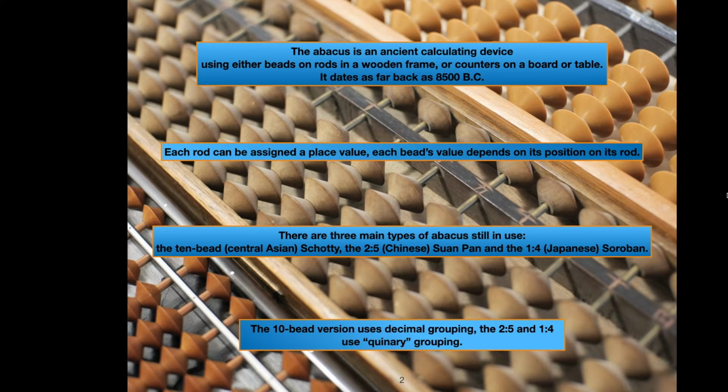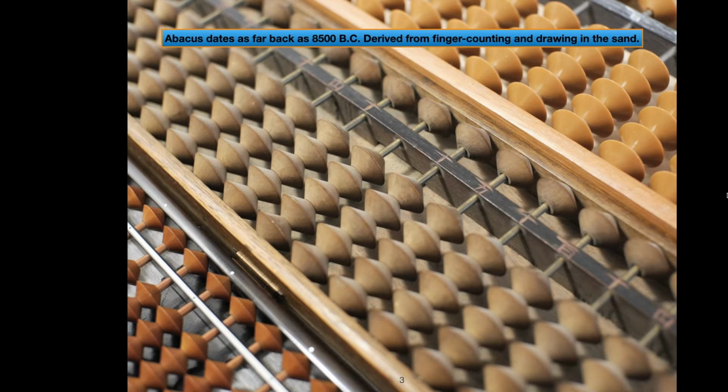And the 10-bead version of the abacus, the Central Asian version, uses strictly decimal notation or decimal grouping of beads, whereas the other two that use upper and lower beads, the 2-5 and the 1-4, use what's called quinary grouping, which is similar to Roman numerals.